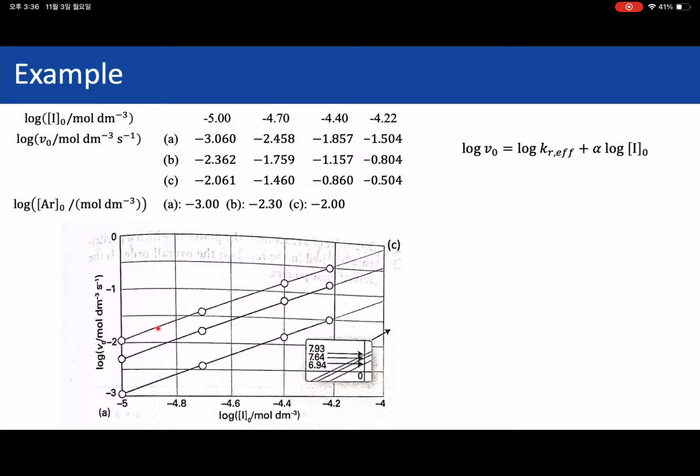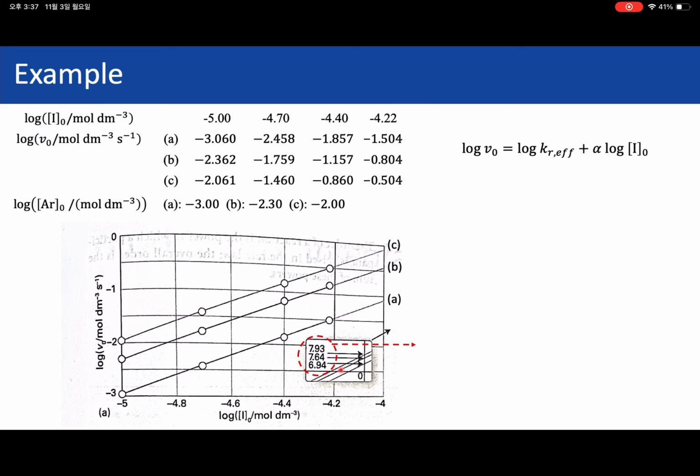This line corresponds to C, which is the argon concentration equal to -2, and this is B, and this is A. Now we can extrapolate these lines, and then we can find the y value where each intersects with the y-axis.